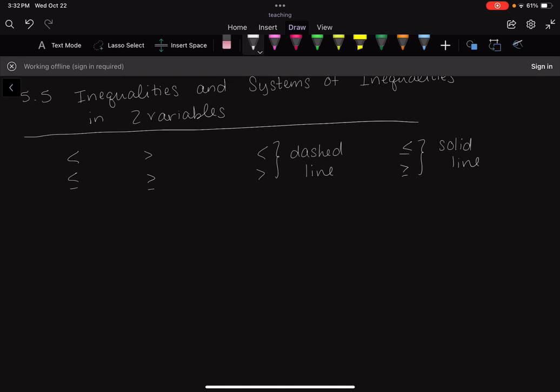But for the most part in here, we're just going to be graphing lines, and then we will shade our favorable region. So for my example one, I'll just say graph the linear inequality.